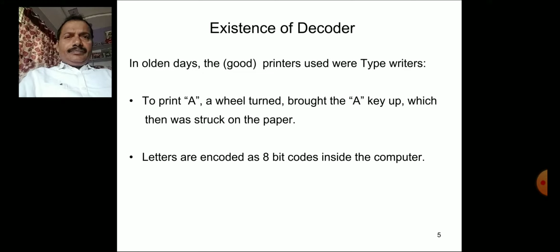That means whenever a particular letter or character is pressed or activated, a code must be generated, and that circuit will activate that particular output line.